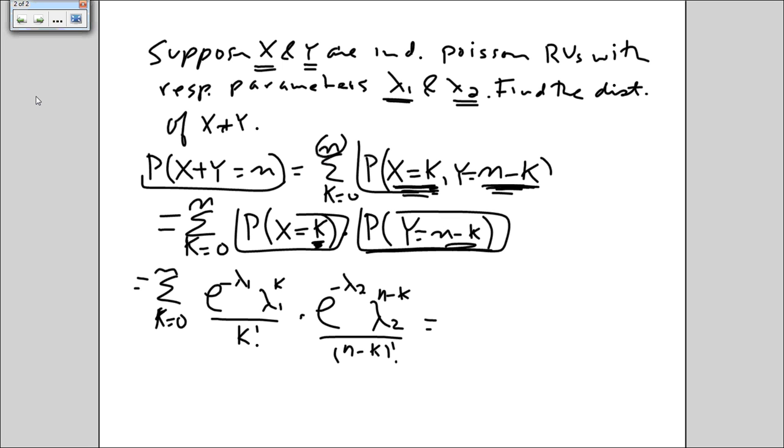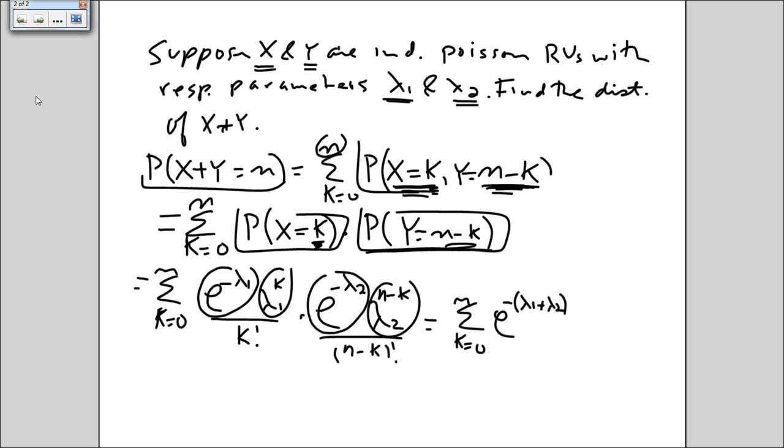Okay, this is equal to the summation as k goes from 0 to n. I'm going to multiply this times that, and since the bases are the same, I can just add the powers. You get e to the negative lambda 1 plus lambda 2 times lambda 1 to the n, lambda 2 to the n minus k, over k factorial.